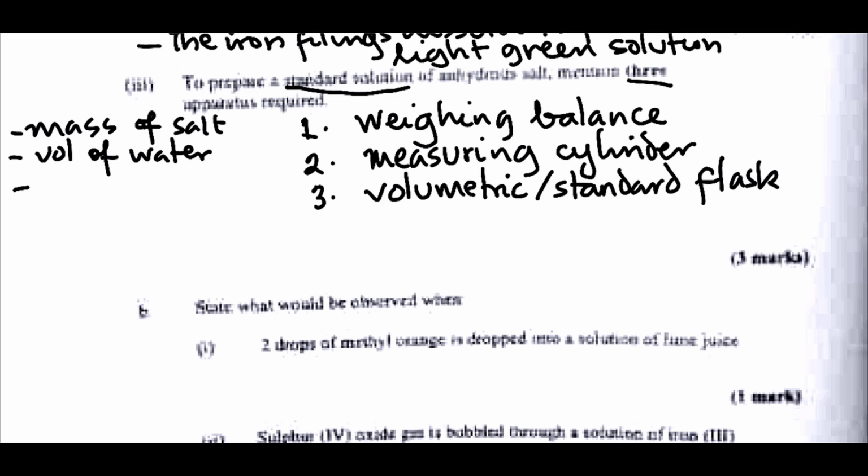Right. So these are the 3 apparatus that will be required to prepare a standard solution of an anhydrous salt. Okay, and of course, if you like, you can add a beaker, right? Where you will first of all prepare a small solution of the salt before transferring it into the volumetric flask and making it up to the mark, right?